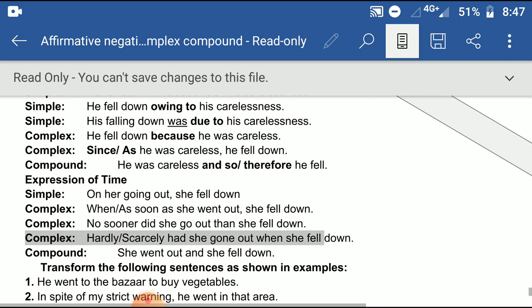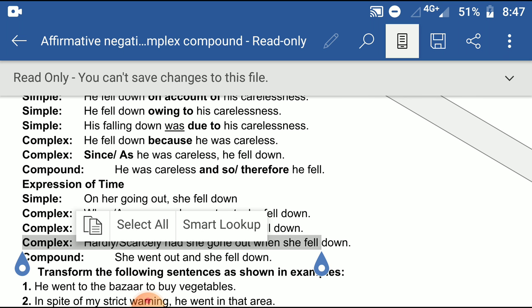Then when we change it into a complex sentence: he fell down because he was careless. Here fell is one verb and his carelessness. What we did in the sentence with due to was change he fell down to his falling down. Here his carelessness is given. We have to change it to a verb because we want to make a complex sentence.